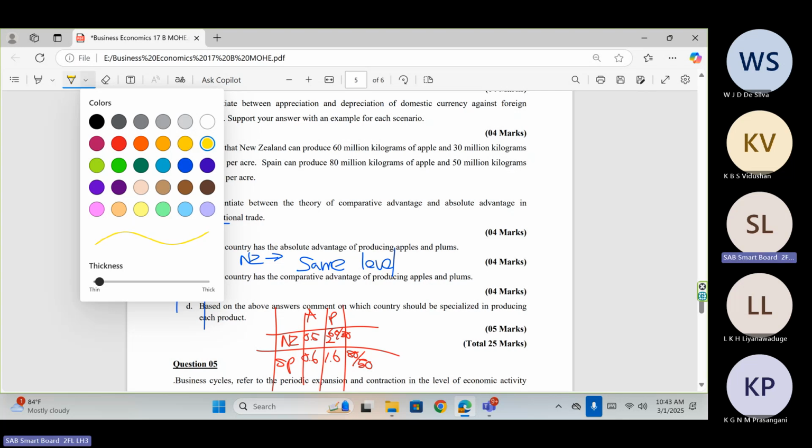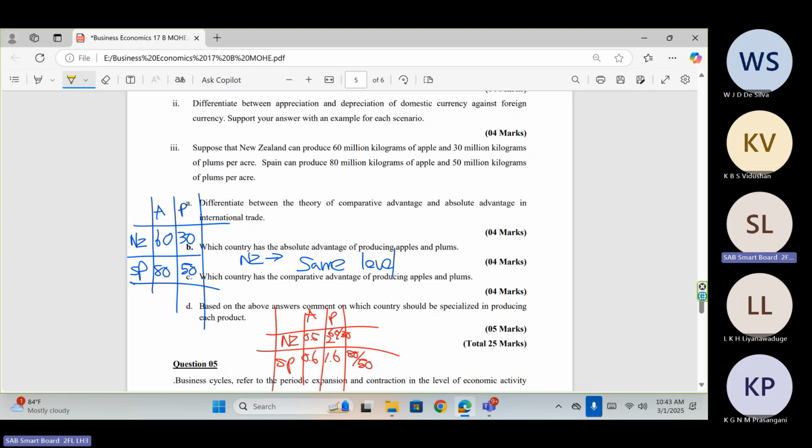Producing apple, which country has the comparative advantage? New Zealand. Producing plums, Spain. Right? You need to draw this matrix and answer this matrix to get 4 marks.